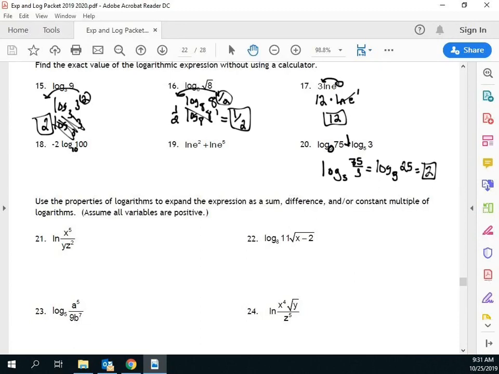Number 18 has a base of 10. Now, guys, let me tell you something about log base 10, okay? Log base 10 is easy to find out, especially if they're even numbers. So as you can see, that's 100, okay? All you have to do is ask the question, how many zeros are in 100?